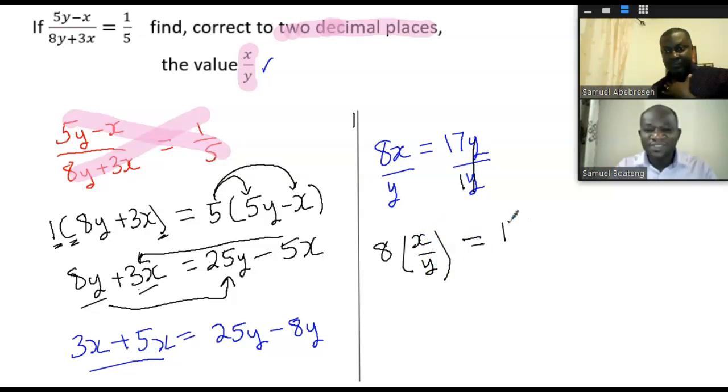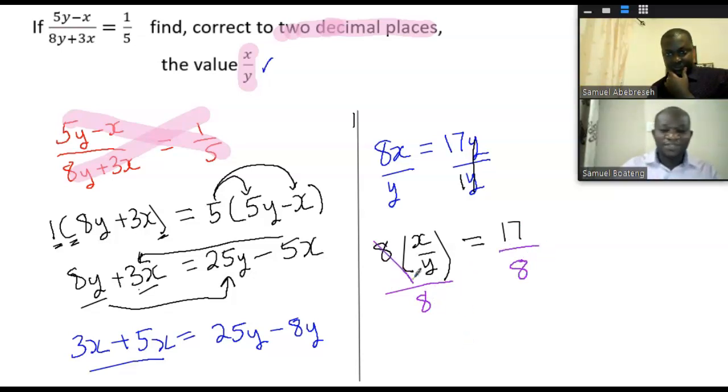So 8 x on y equal to 17. We divide once again through the equation by 8, so 8 will cancel 8. So we have x on y equal to 17 on 8.